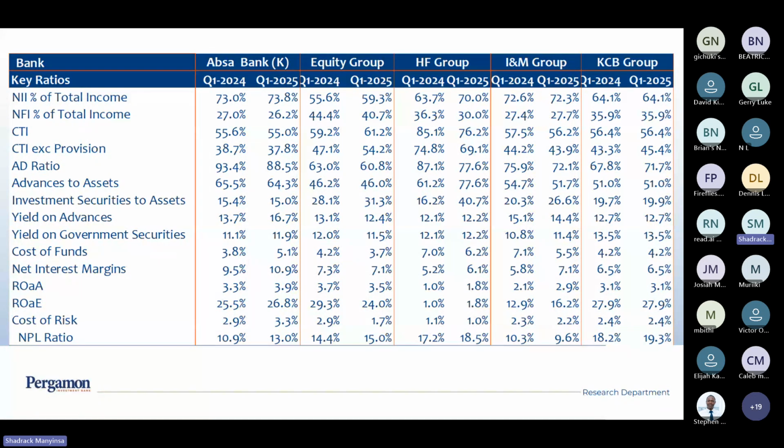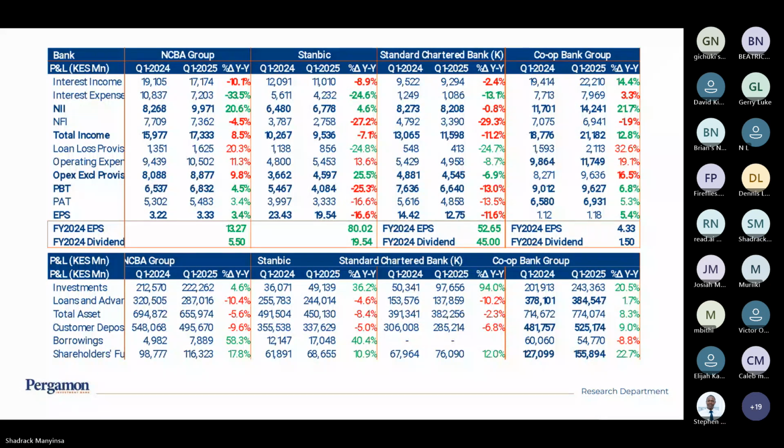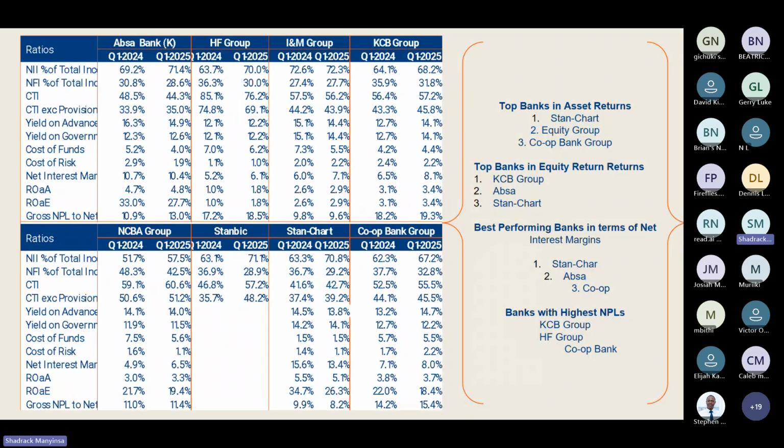Standard recorded a relatively high net interest income, followed by Equity Bank, followed by ABSA and the Cooperative Bank. ABSA had a net interest margin of around 6.5%.